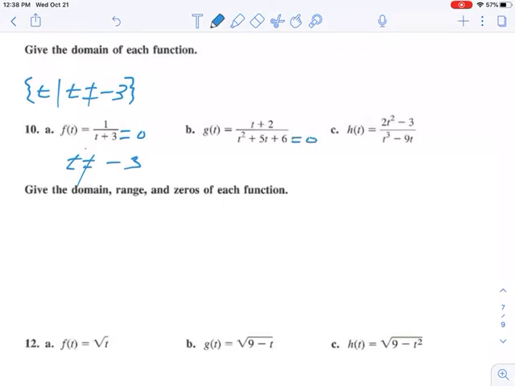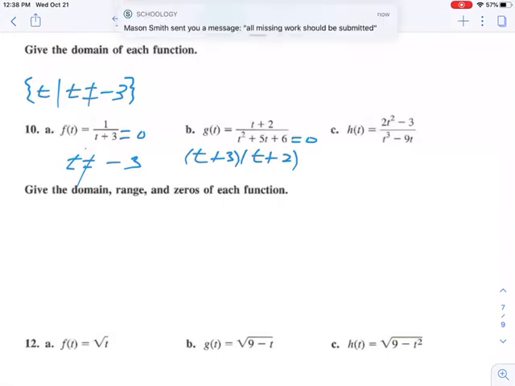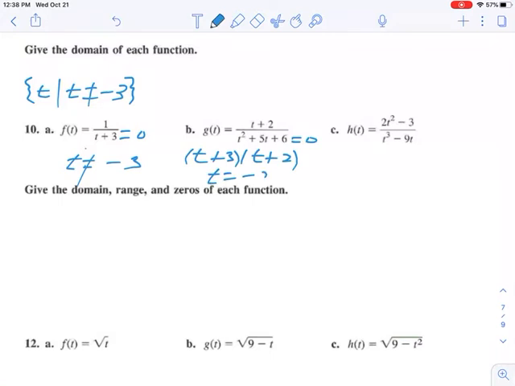All right, bottom equals 0 again. So we have a t plus 3 and a t plus 2. So in the original form here, we have t equals -2 and -3. In other words, t can't be -2 or -3.